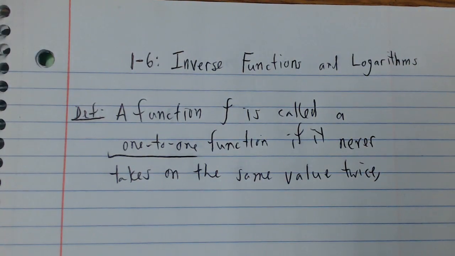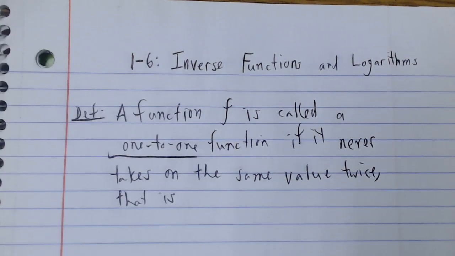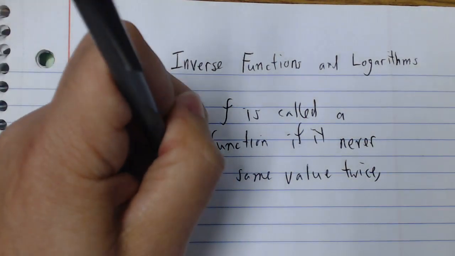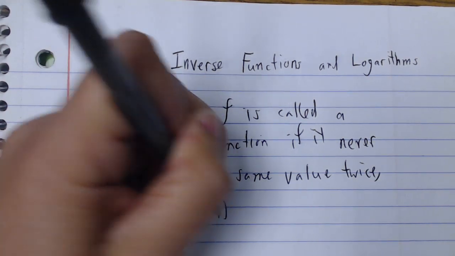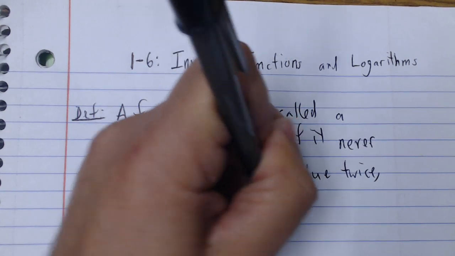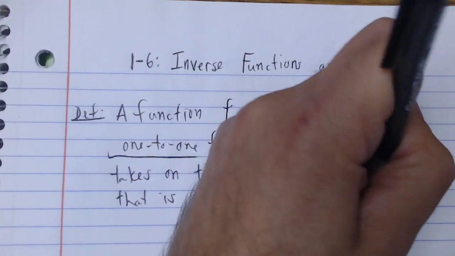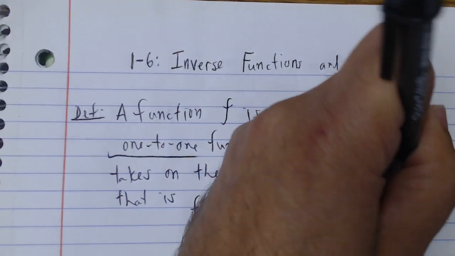So in other words, to put this mathematically, we're saying f of x sub 1 will never equal f of x sub 2 whenever x sub 1 doesn't equal x sub 2.